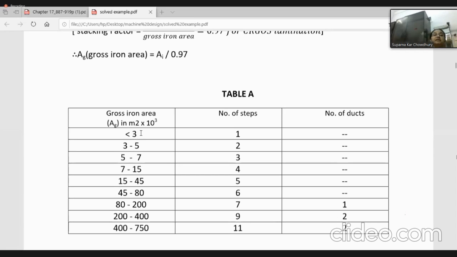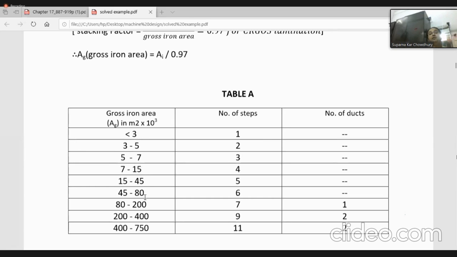That is, whatever be the value, multiplied by 10 to the power 3, because that is in meter square. So this will be very small. So into 10 to the power 3, that is this quantity. So if it is less than 3, then a single step, that means a rectangular or square section.